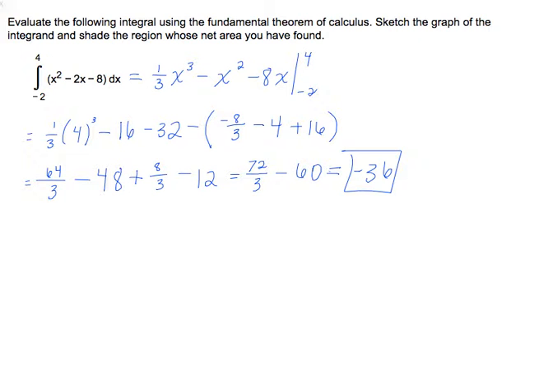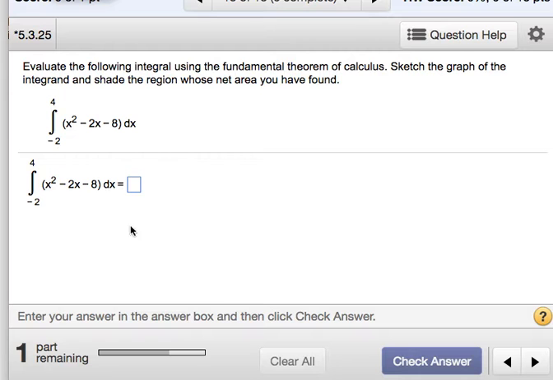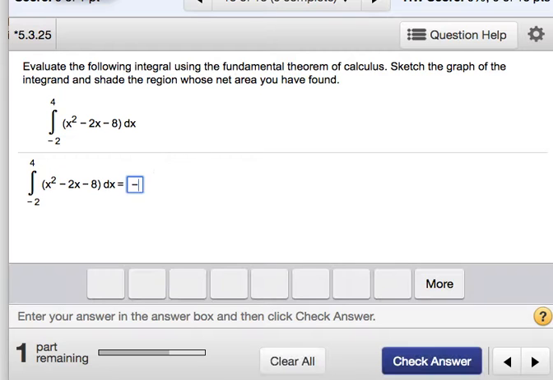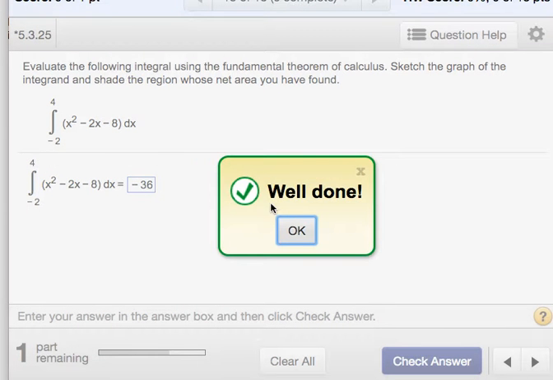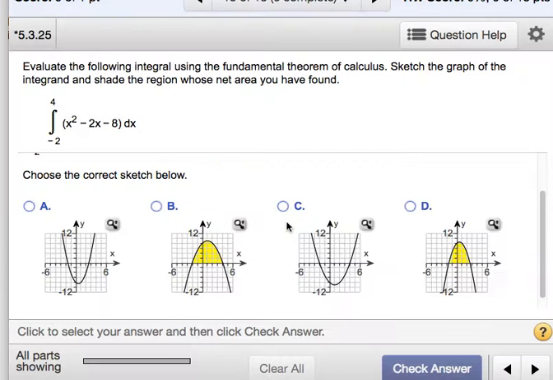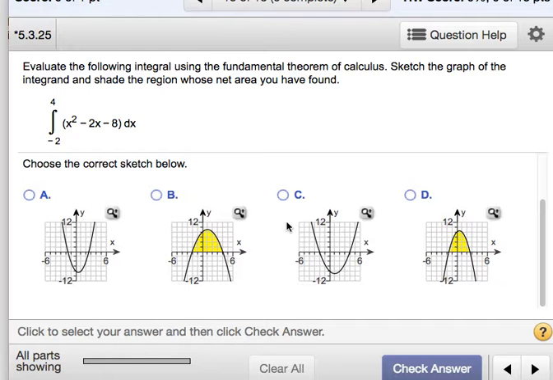Let's go enter that in, and then we'll look at the graph. Okay, so then for the next part, we need the graph of x squared.